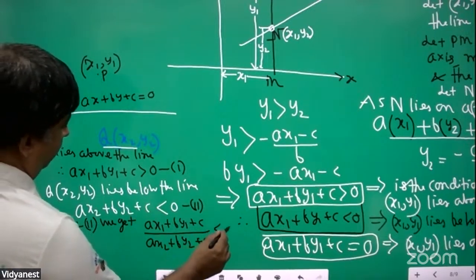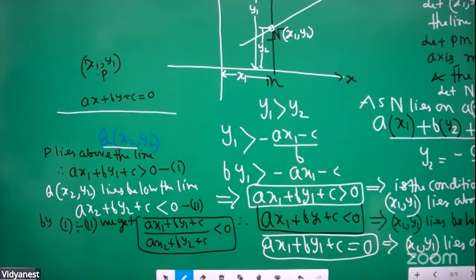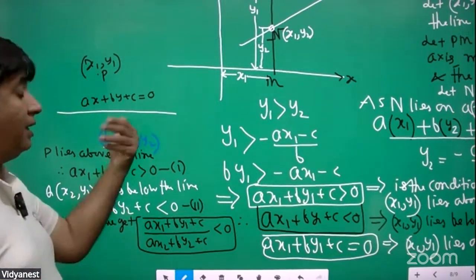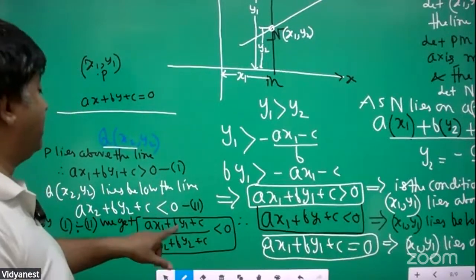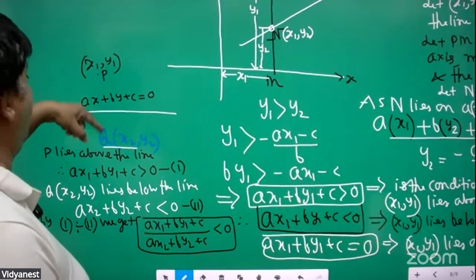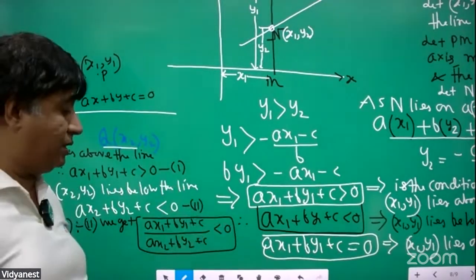Positive by negative, negative. Once you get this condition, see from this condition and this figure, what you can comprehend, that this is the condition that the 2 points lying in the opposite side of the line with respect to each other.